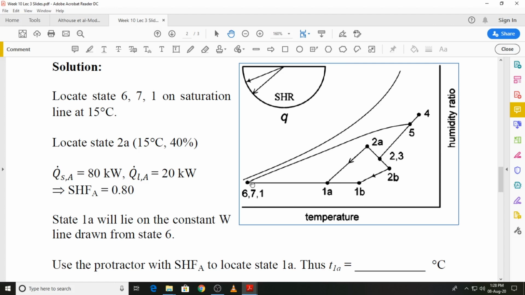So for zone A you will reheat it from state 6 to state 1A, and similarly for zone B you will reheat it from state 6 to state 1B.